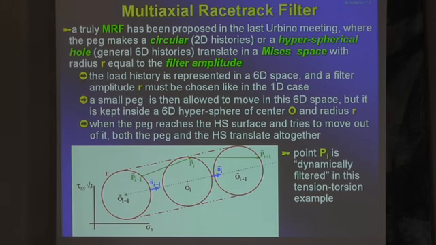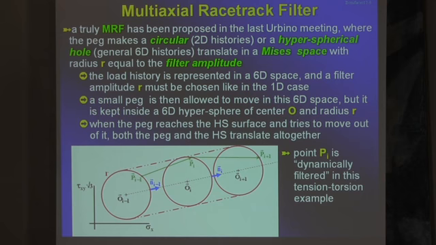So the idea of the multiaxial racetrack filter that was introduced in the last MPT is to use the pen analogy in multi-dimensions. For example, in a 2D history, instead of working with a slot, we are going to work with a circular hole.